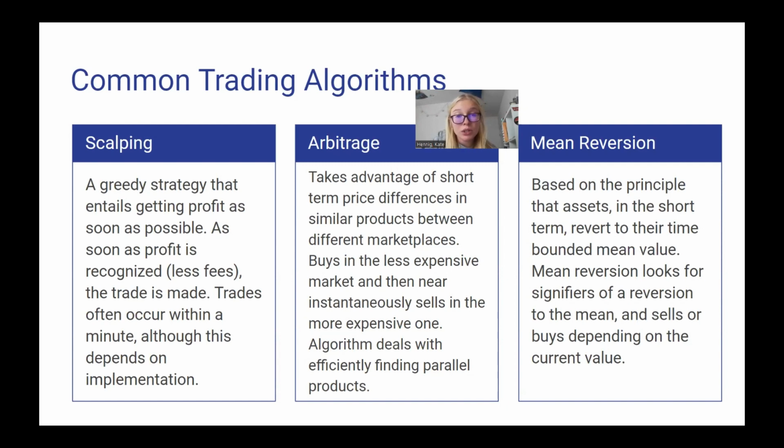Then there's arbitrage. It's an algorithmic technique, only that it has to parse through a lot of data. It's not something that an individual can do, because it's not possible to identify the things that you need in order to make arbitrage successful just as a person.